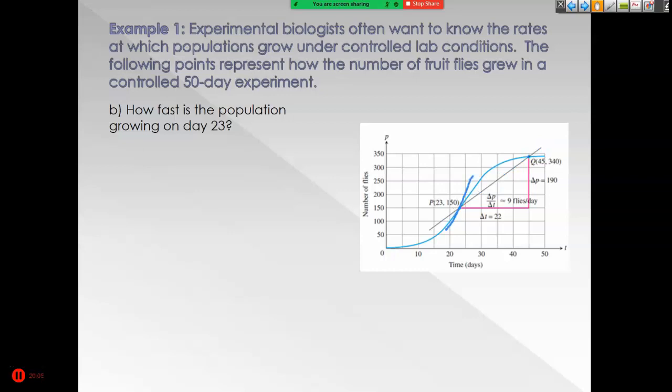No. So what we want to do is create slopes closer and closer to 23. So maybe we investigate the point 30. So we could look at the slope of the line from 23 to 30. At 30, it looks like there's about 260 flies.